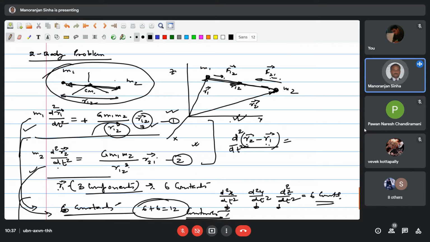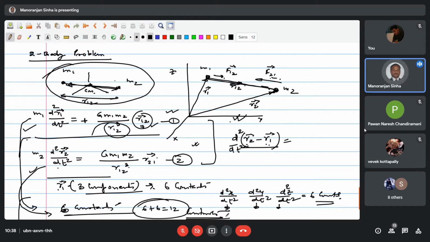The question arises, can we identify all these constants? Numerically, given the initial conditions, you can integrate this non-linear second order differential equation and get the future points. But if we look for the analytical solution, is it possible to identify all these 12 constants? The answer will come later on, whether we can do it or not.